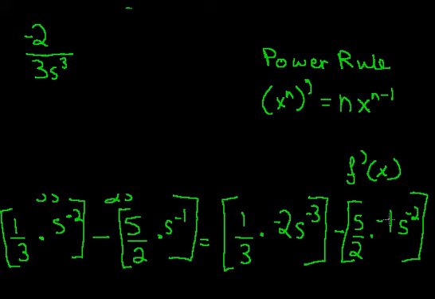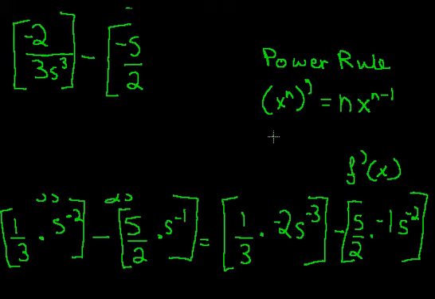So negative 2 over 3s cubed. 5 over 2 times negative 1 is negative 5 over 2, so we have negative 2 over 3s cubed minus negative 5 over 2, and then you have s to the negative 2, so that can go back in the denominator and become s squared.